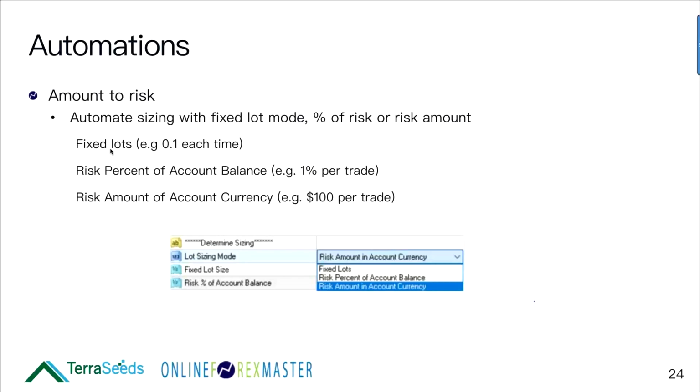Okay, a lot of people, when they do automations, didn't consider this and didn't define that properly, and that caused a lot of problems. Okay, so this will be the first thing that I think all traders should put in. That means in terms of your sizing, right, to consider these three inputs there. Okay.